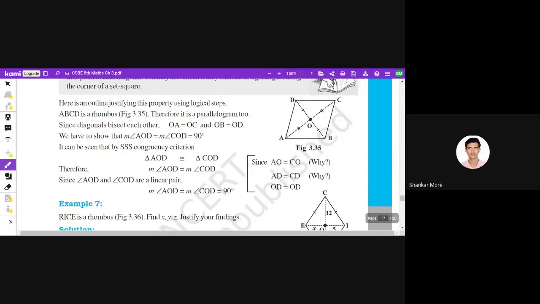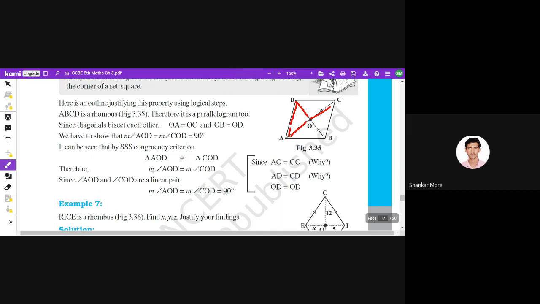Now what is the SSS criterion, students? It's side side side, if I'm not wrong, right? So see, this is equal to this, and this is common, and since it is a rhombus, this side is also equal to this side, right? So the SSS congruency criterion can be applied here, and from that we can say triangle AOD is congruent with triangle COD, right?